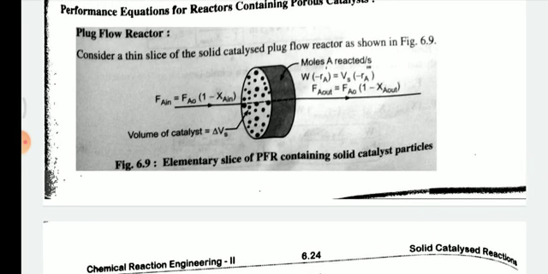So Fa out is equal to Fa0 into 1 minus Xa out, for a volume of solid catalyst, that is delta Vs.